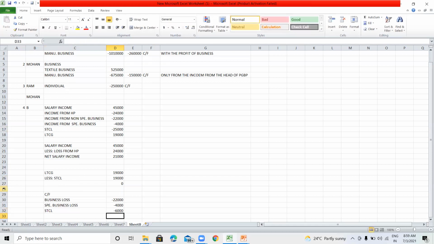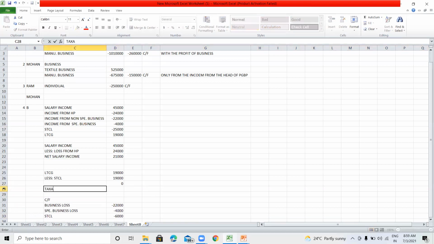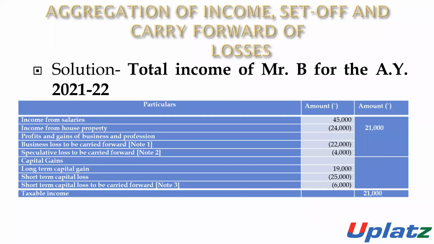And the taxable income. So the total income for the assessment year will be only 21,000. This one is the salary. So the total income will be 21,000 rupees and all these other amounts will be carried forward.